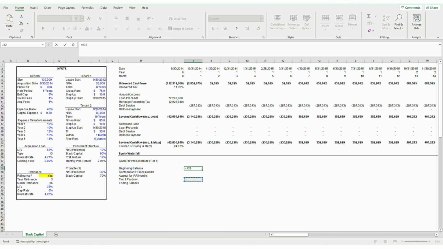Of course, the amount of contributions could also change depending on the debt assumption, so I use the same structure as I did for the cash flows here to calculate contributions of Black Capital.